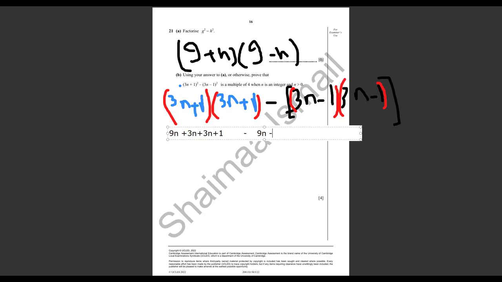And here minus 3n minus 3n plus 1. Okay, let's make it clear that here we have a negative sign. So I'm going to change all the signs, multiplying all this bracket by negative. Okay, let's do this.